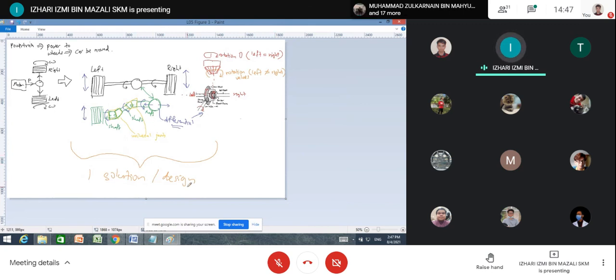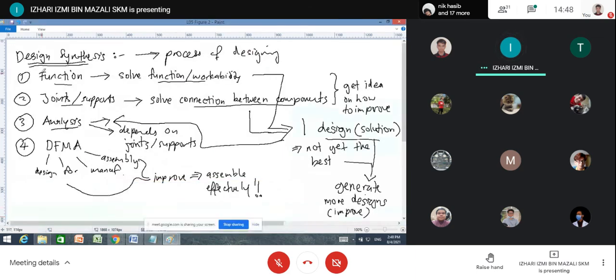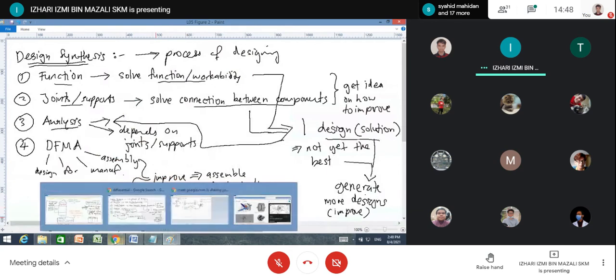Even though generally you have already generated one solution or one design, the design here is still not complete. It is just working in terms of the function. To make it really work, we need to make it more detailed. In this case, we have just solved part 1. We still have 3 more parts to go here.